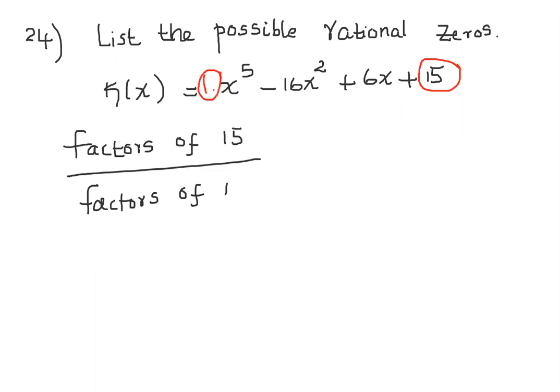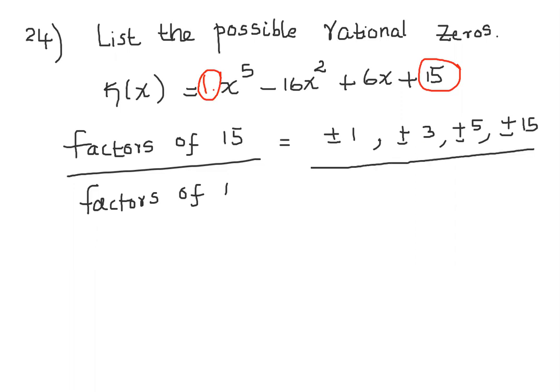So we have to find the factors, which are 1, 3, 5 and 15 with plus or minus. And the denominator is just 1, so it's going to be plus or minus 1.